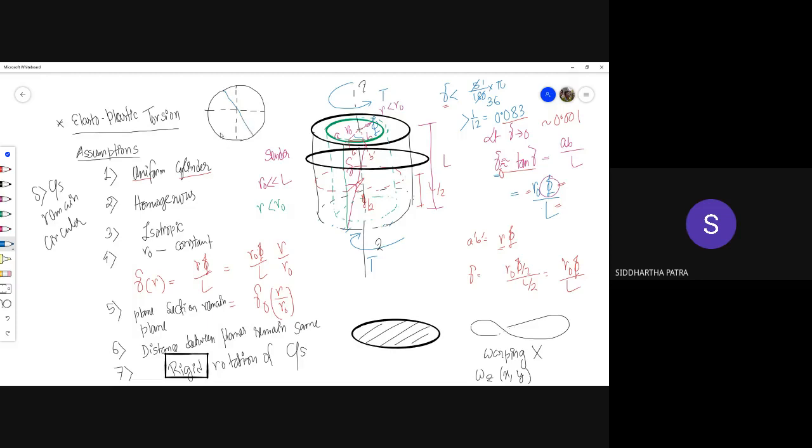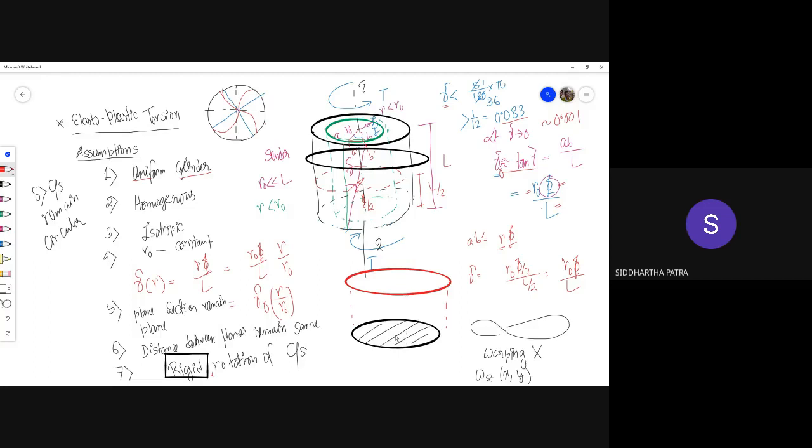If it is twisted, these perpendicular lines remain perpendicular straight lines. They do not become something like this. Having that would not be rigid rotation. So every single section rotates rigidly, but it's not that the entire structure is rigid, because every cross section is rotating with respect to a cross section which is infinitesimally below or above it.